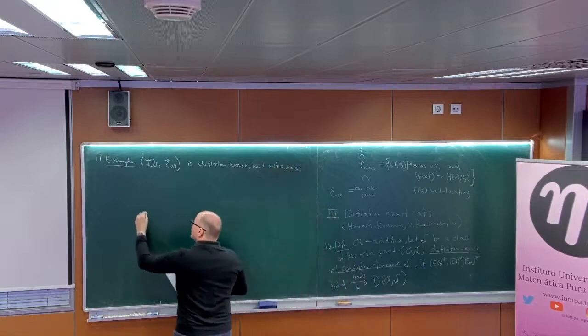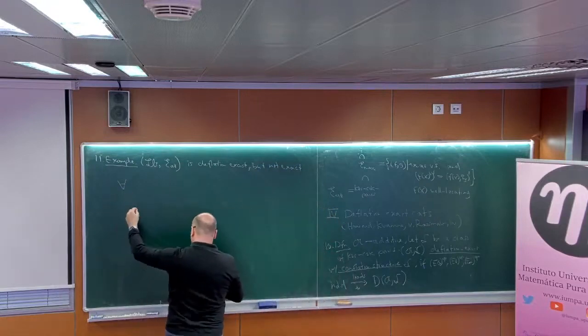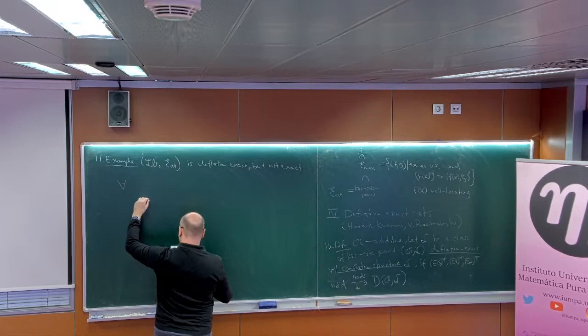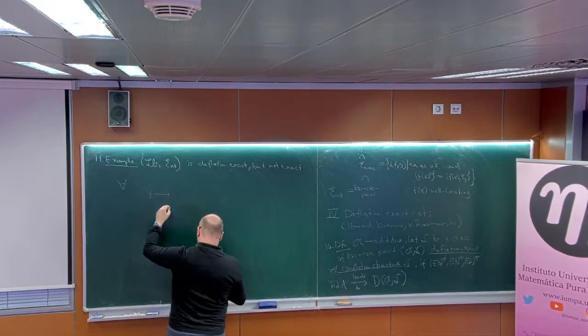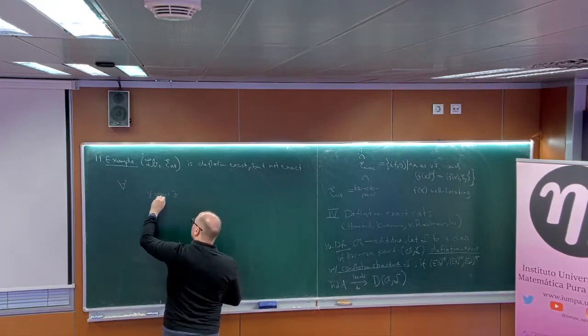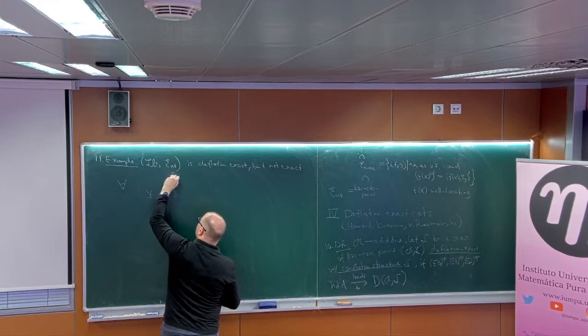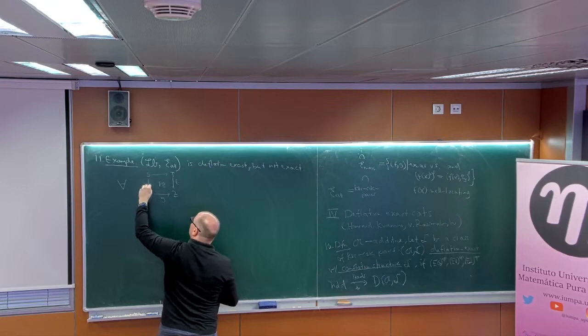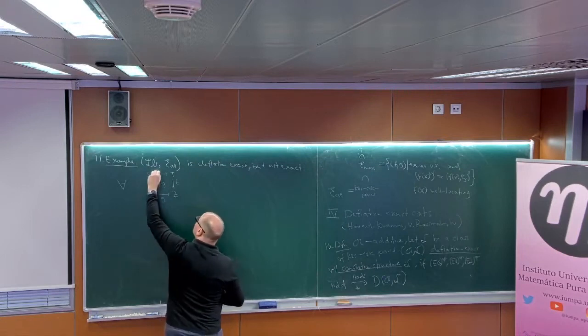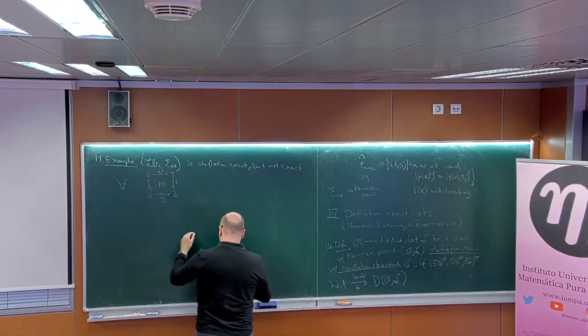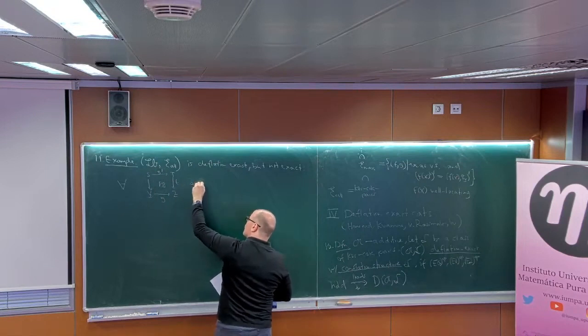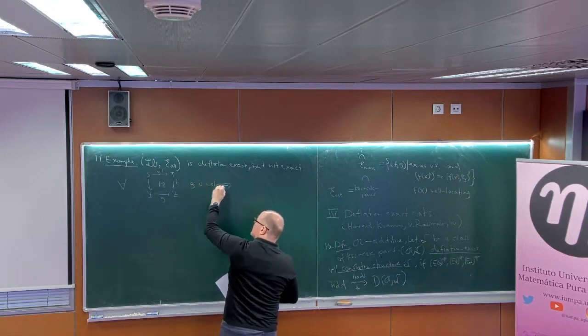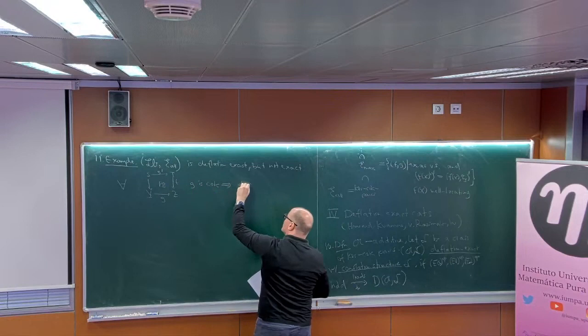And indeed, you have that for any pullback square. If you have some morphism G of AB spaces, and you take this pullback, you get here something like this, and here some morphism G prime. It's true that if G is a cokernel, then G prime is also a cokernel.